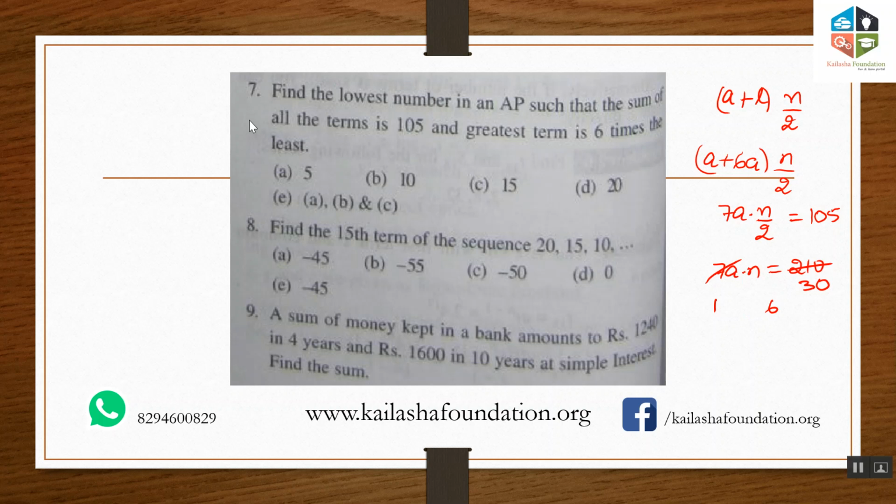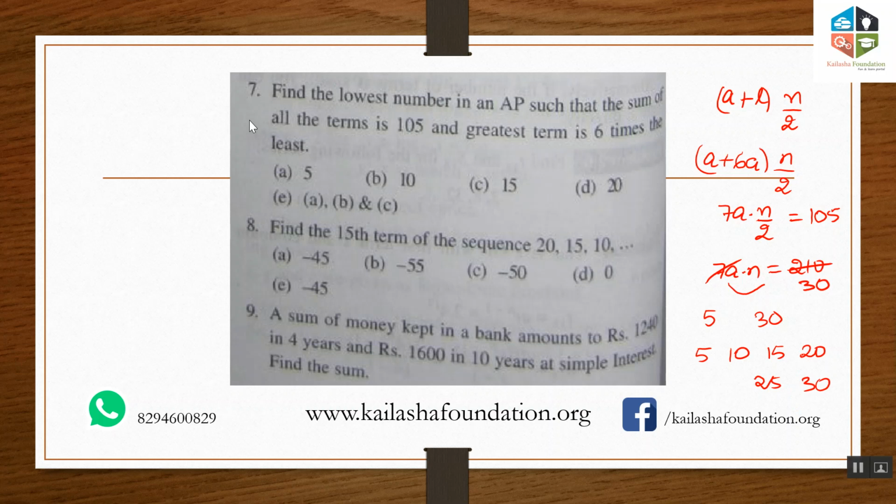For the sake of simplicity, if we understand the feel of the question, what the examiner wants to say, we can keep a is 5, 6a is 30 and n is 6. So 5, 10, 15, 20, 25, 30 is our sequence.